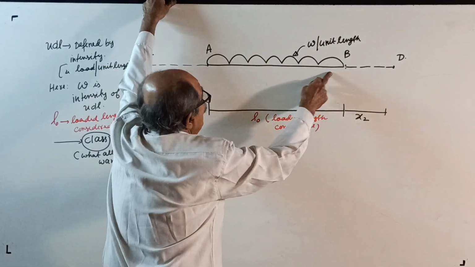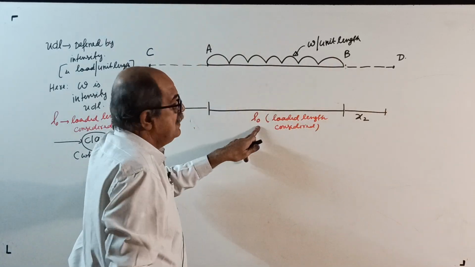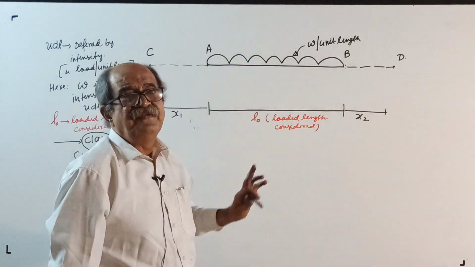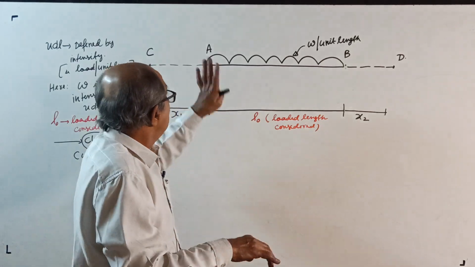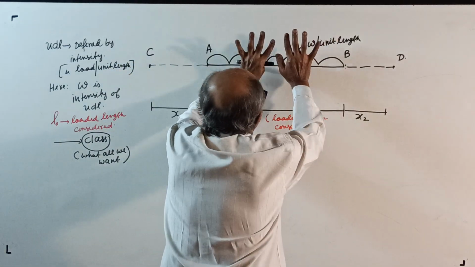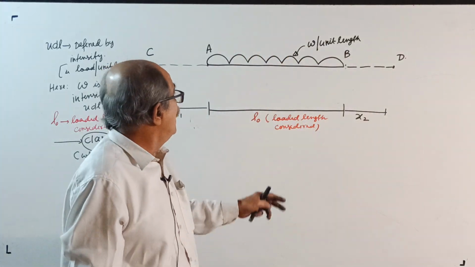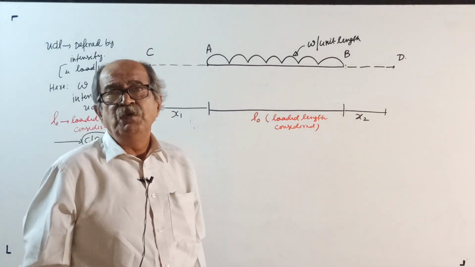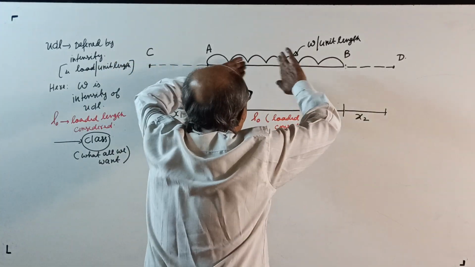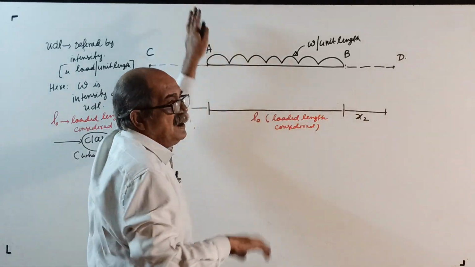Let the UDL be of length L0, that is from A to B. So here L0 is loaded length considered, because right now we want to consider the entire UDL. That is very, very important.